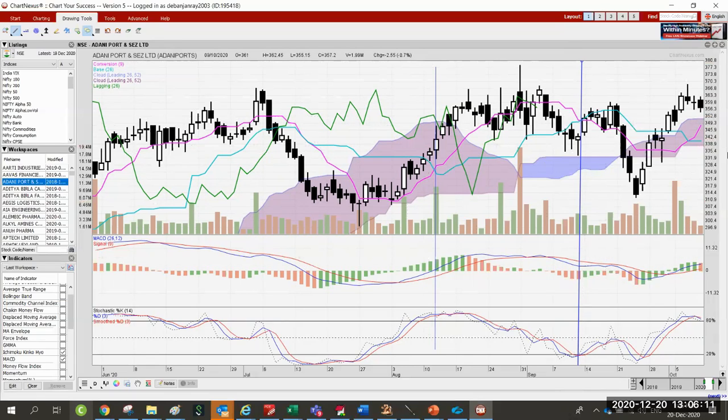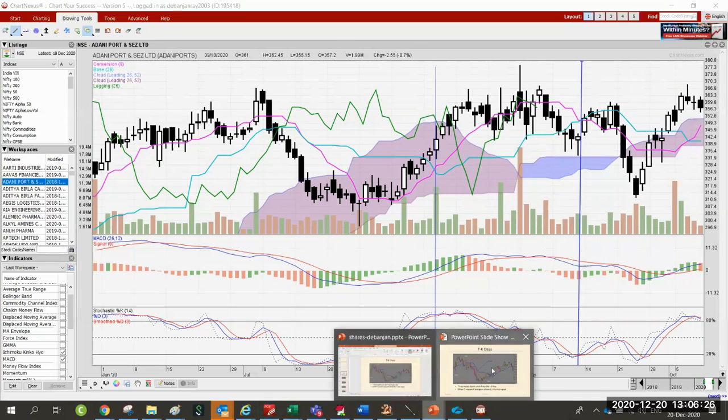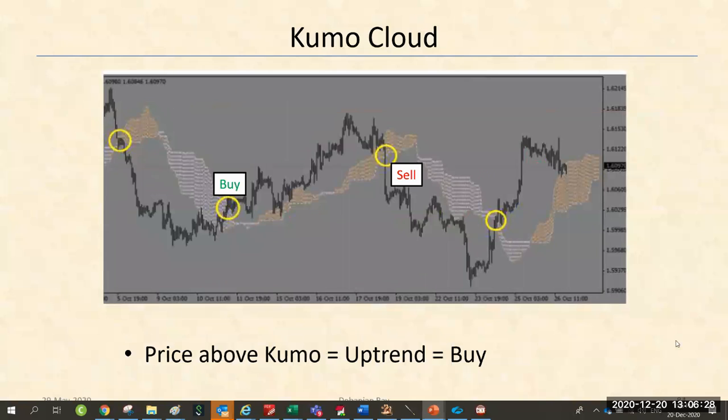This TK crossover is applicable if it is a strong uptrend. The uptrend is going on for some time, and then there is a crossover. Then it is the point of exit. Is it clear? Now let's go to the next one.